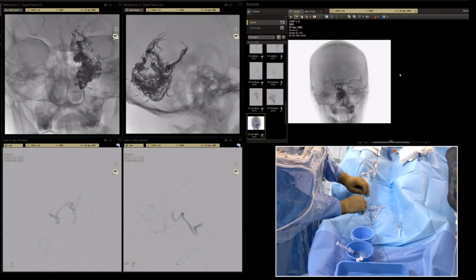And the vein starts in the middle. Okay. I think we need to take a second guiding catheter and place it in the left vertebral and go to the dural branch. It's quite a big territory.